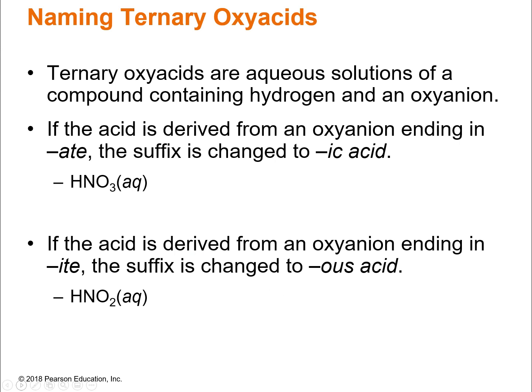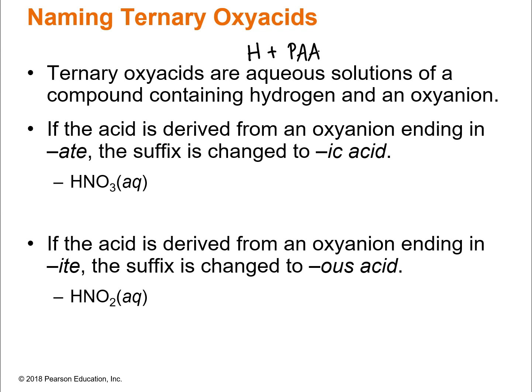Now we're going to do naming ternary oxyacids, and then I have some practice for both of these. Remember, ternary oxyacids always start with the hydrogen, and then you have one of those oxyanions.